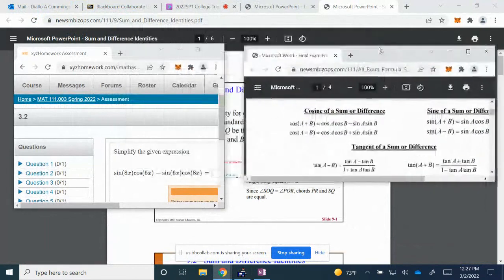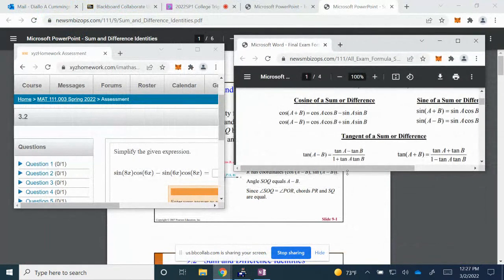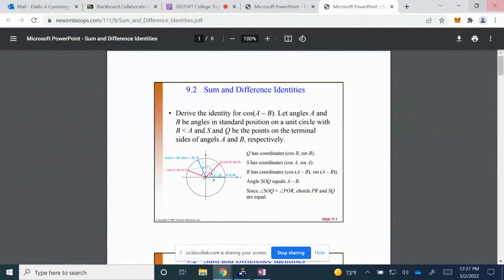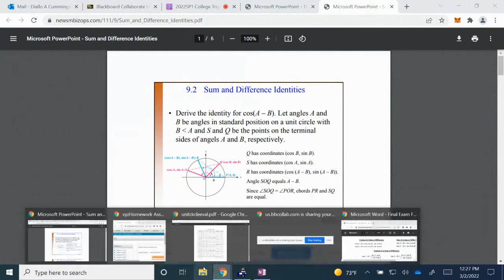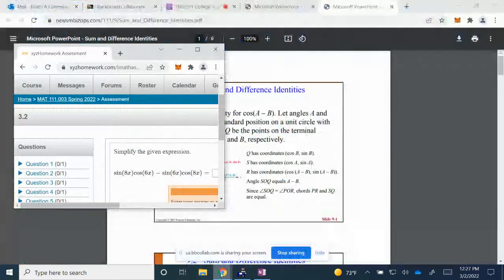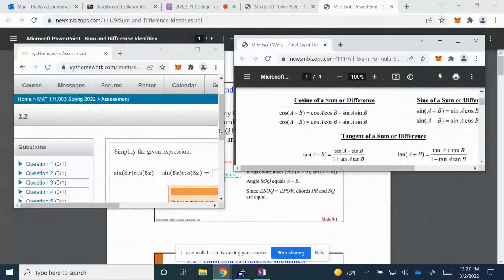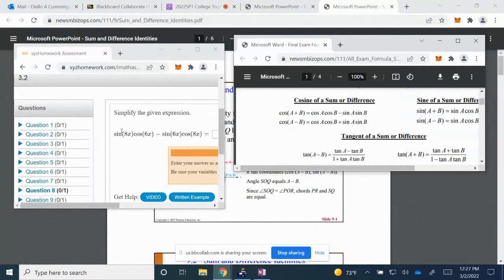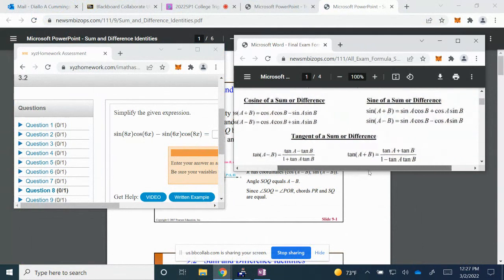I'm simply going to look for the formula that has this pattern. Notice our problem is a sine times a cosine minus a sine times a cosine.